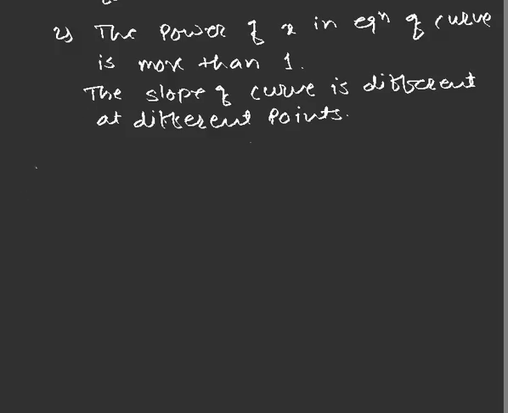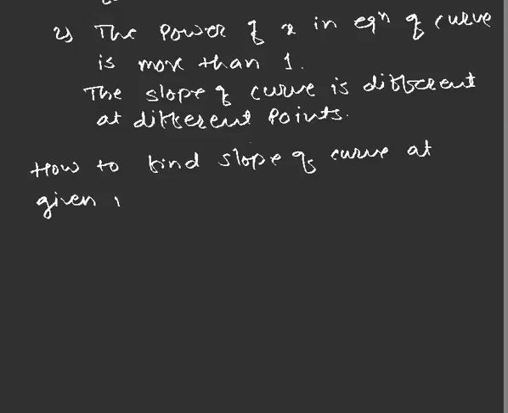Now the next question is how to find the slope of a curve at a given point, because it is not constant all over the curve, so the point must be given. So we have y is equal to a function of x, and we want to find the slope at x1, y1 for example.